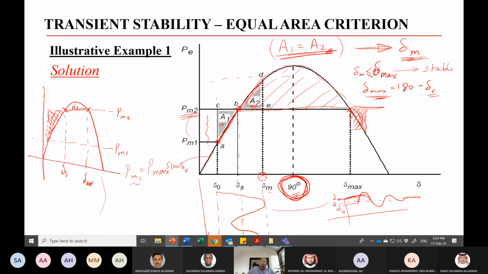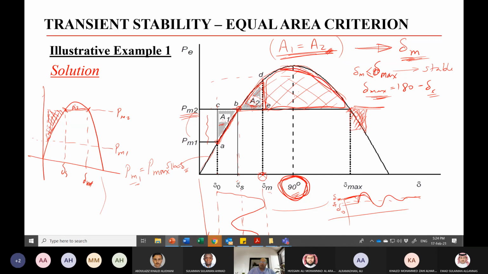So this area represents the existing deceleration area. And if we have this area to compensate the acceleration area, the system will be stable, and the remaining area is considered as the stability margin.